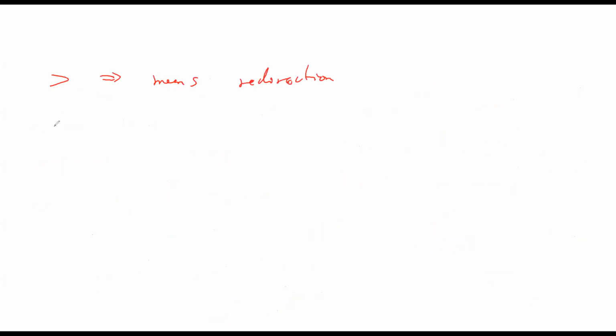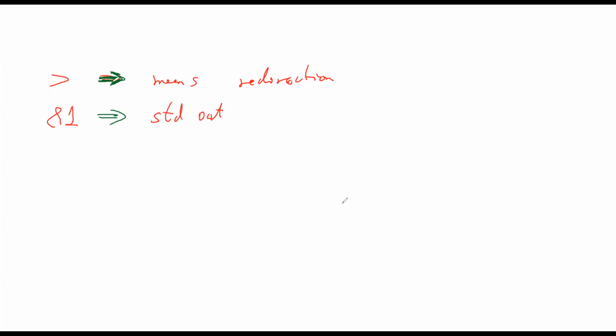The next one is the ampersand 1, right? So that's another one. And that is going to stand for the standard out, which is usually the output of the file. Whatever by default the output of the file would have been, it goes in there, standard out.